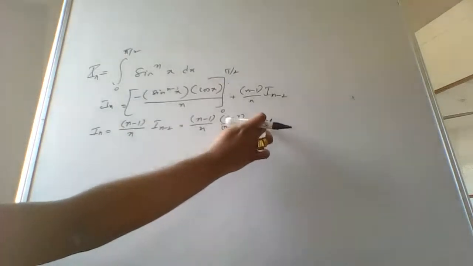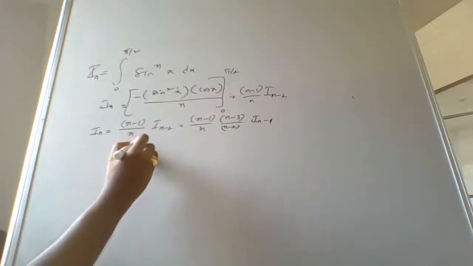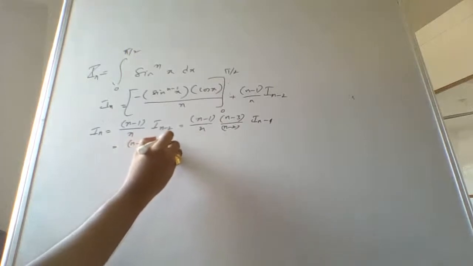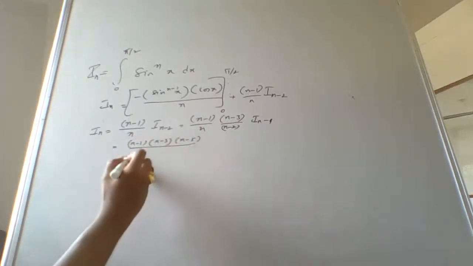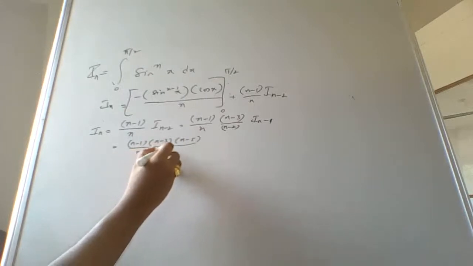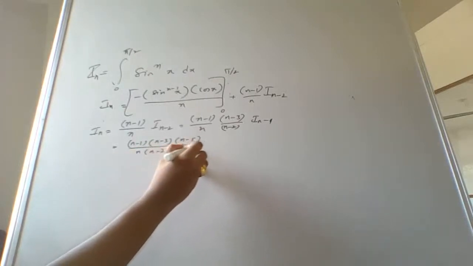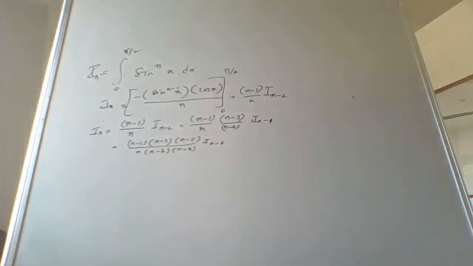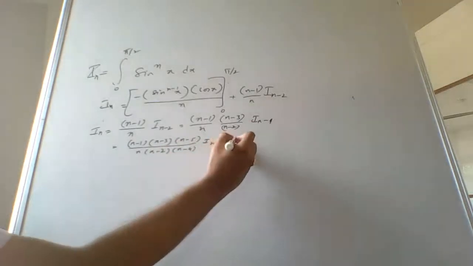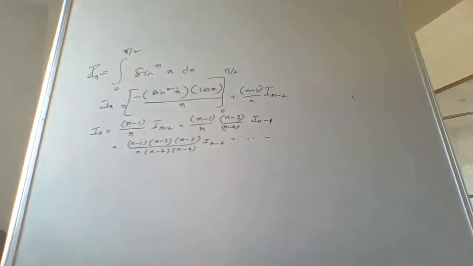So again I have this result. Let us put that n minus 1, n minus 3. This would be n minus 5, divided by n minus 2, and this is n minus 4. This is n minus 6. Okay, that keeps on going.